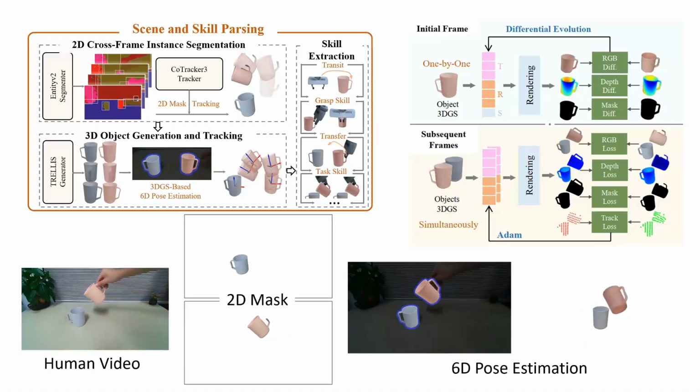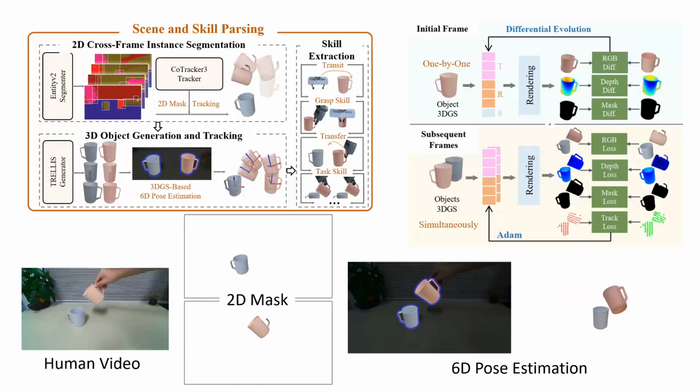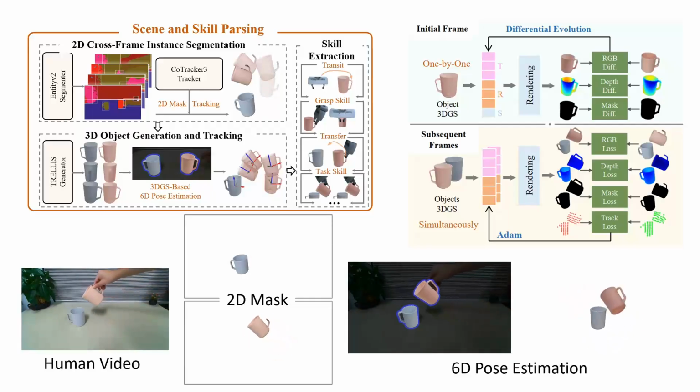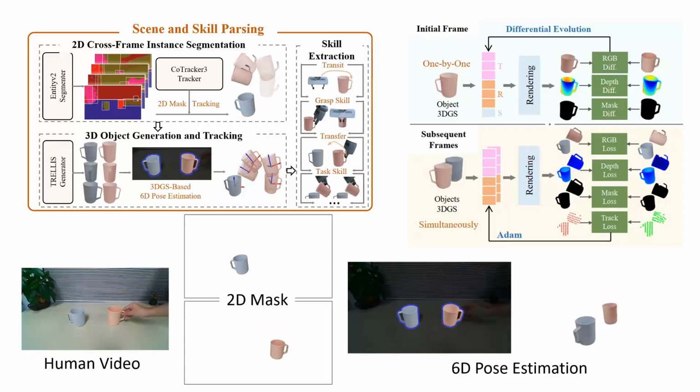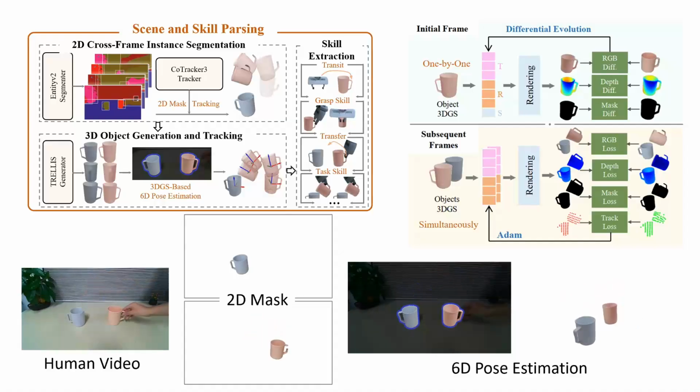Then we generate 3D GS models via Trellis and conduct our 3D GS-based 6D pose estimation with RGB, depth, mask, and tracking losses to ensure temporal consistency. Finally, based on relative object motions, we decompose tasks into grasp skills and task skills such as pouring, placing, stacking, and sweeping, yielding reusable motion priors.